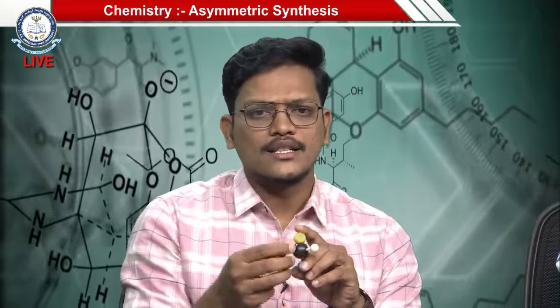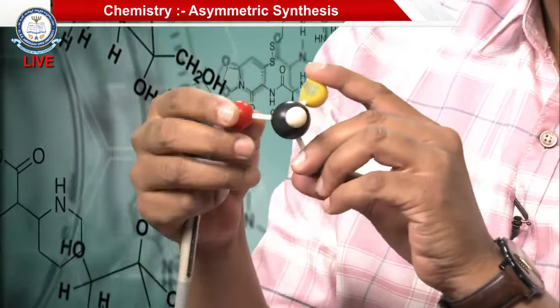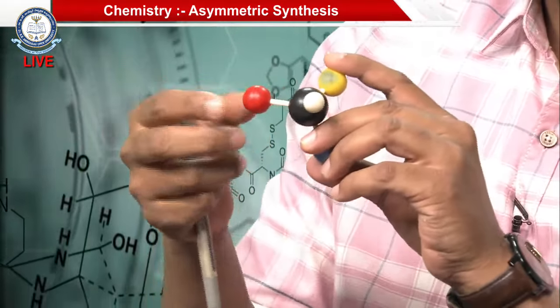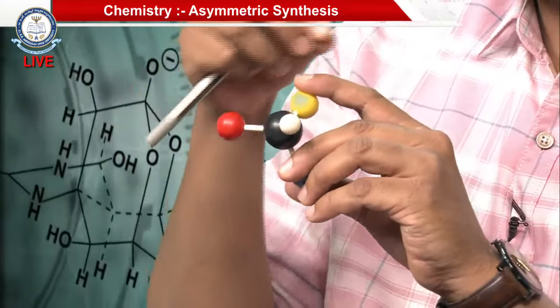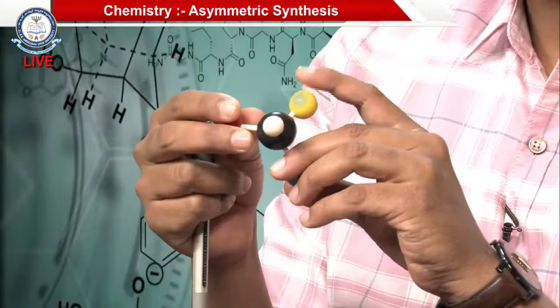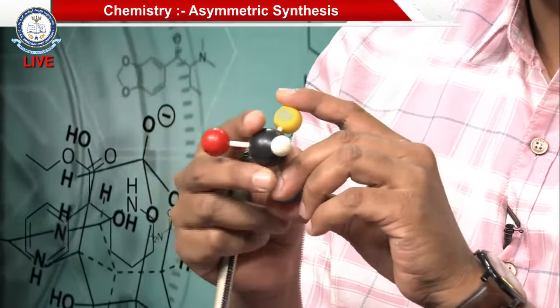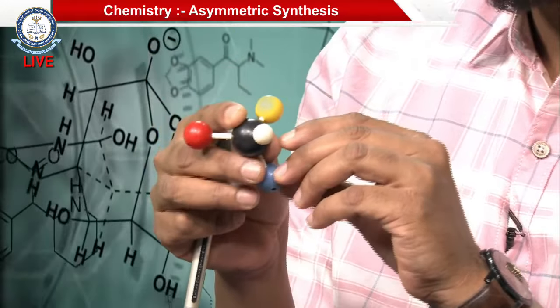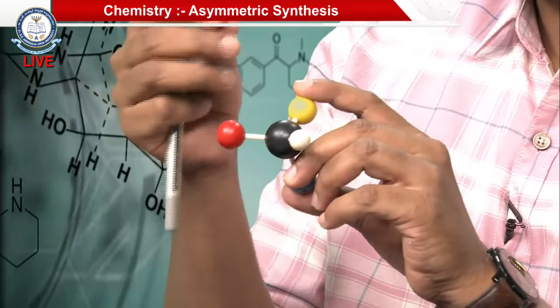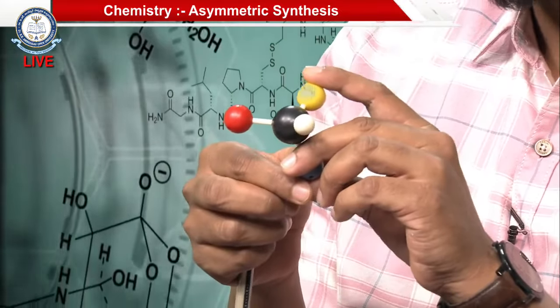Now, after replacing one hydrogen with deuterium, I can assign RS nomenclature. Why? The CIP rules suggest that first we check the atomic number, and if the atomic number is the same, we check the atomic masses. Hydrogen and deuterium have different atomic masses, so now we can give the nomenclature. Whenever we give the RS nomenclature, this is a methyl group and this is the COOH group.